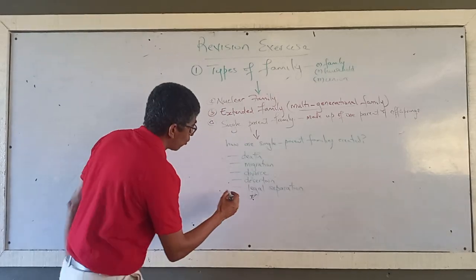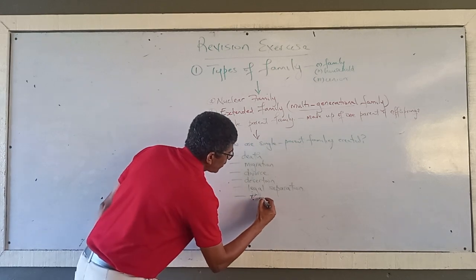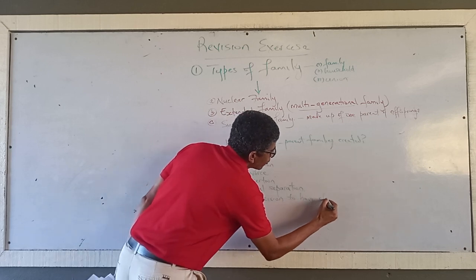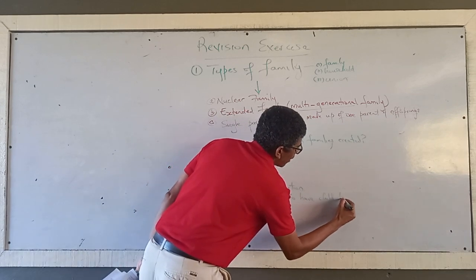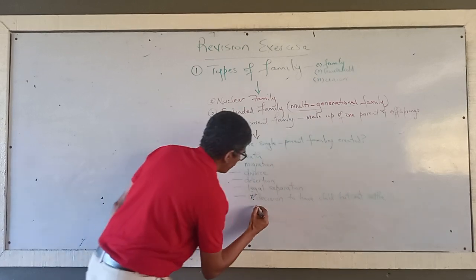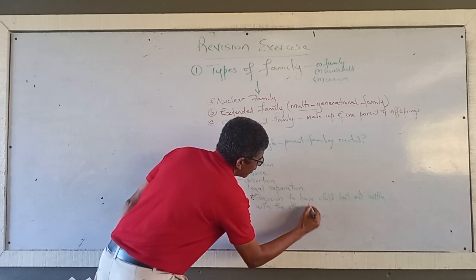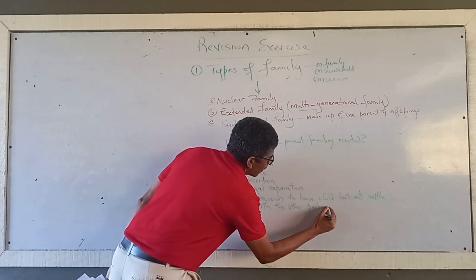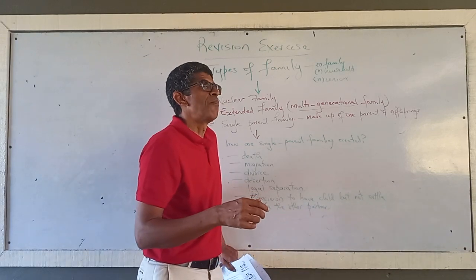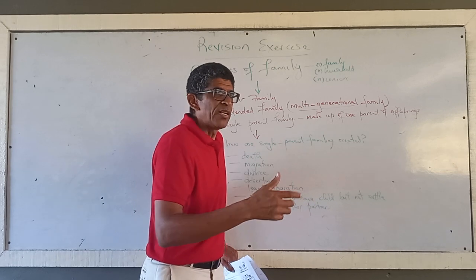One just popped in my head and I want to just share it with you. All right. Decision to have a child, but not settle with the other partner. In an age like today where a lot of people are career oriented, right?